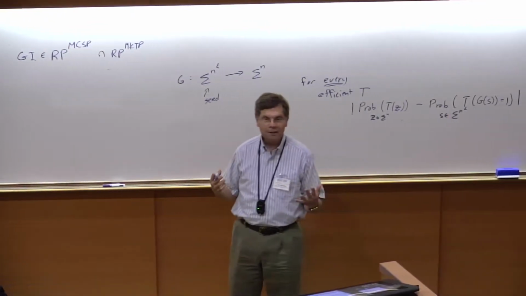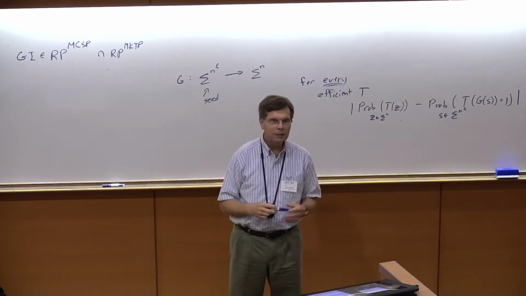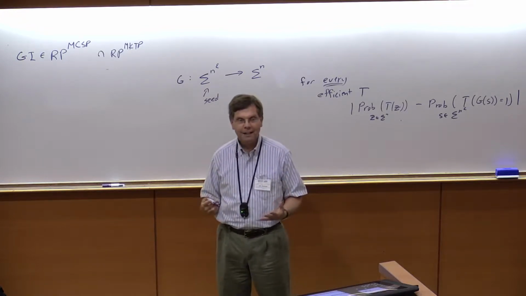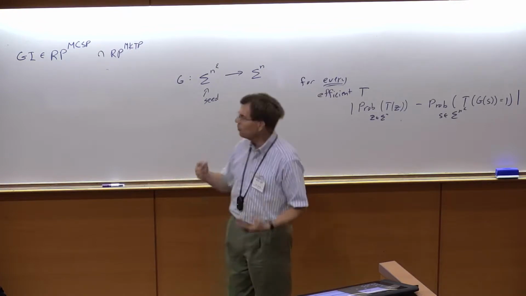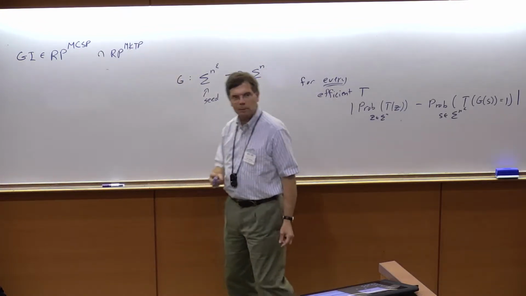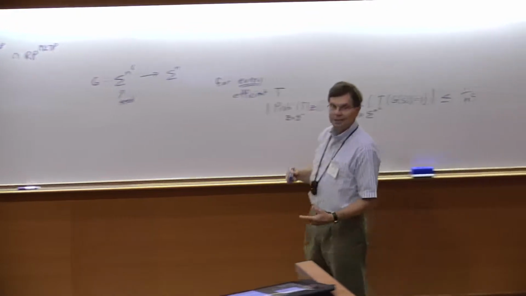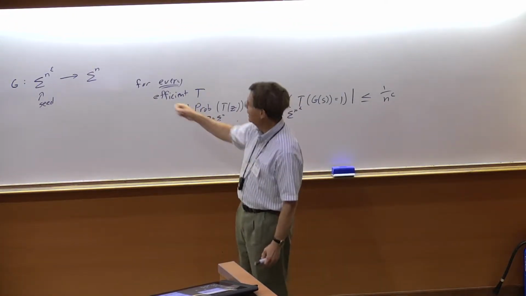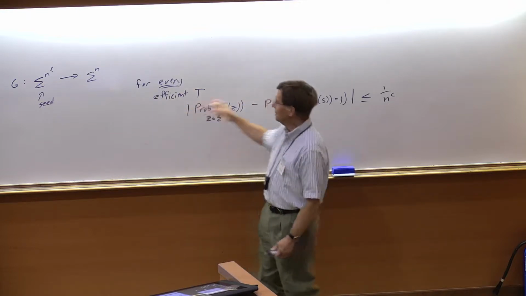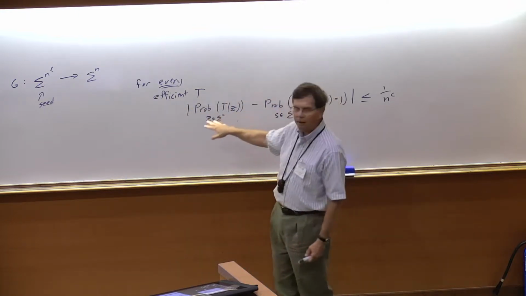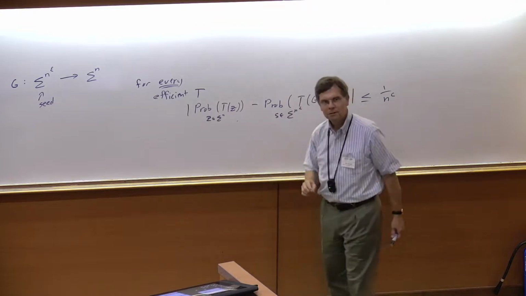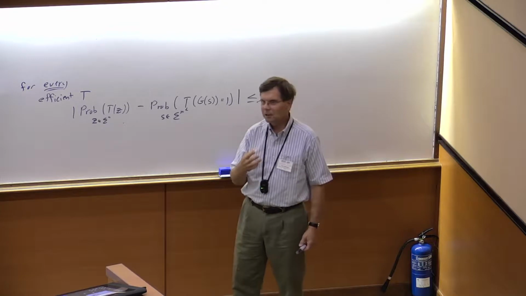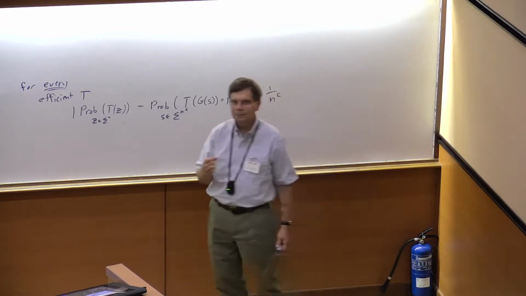And still, until a couple of years ago, the only tool that we had for reducing problems to MCSP or MKTP was this terrific hammer that's been given to us by de-randomization, namely this connection between hardness and pseudo-random generators. Did that kind of answer your question a little bit, or did I sidestep it?